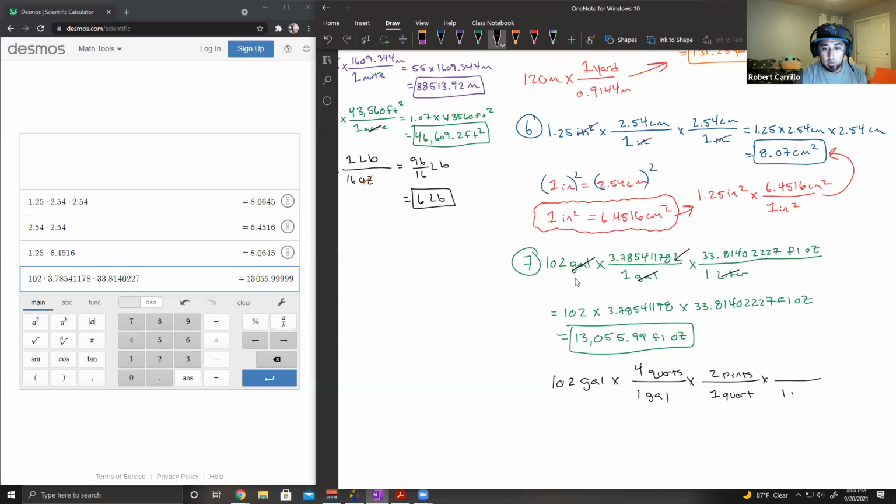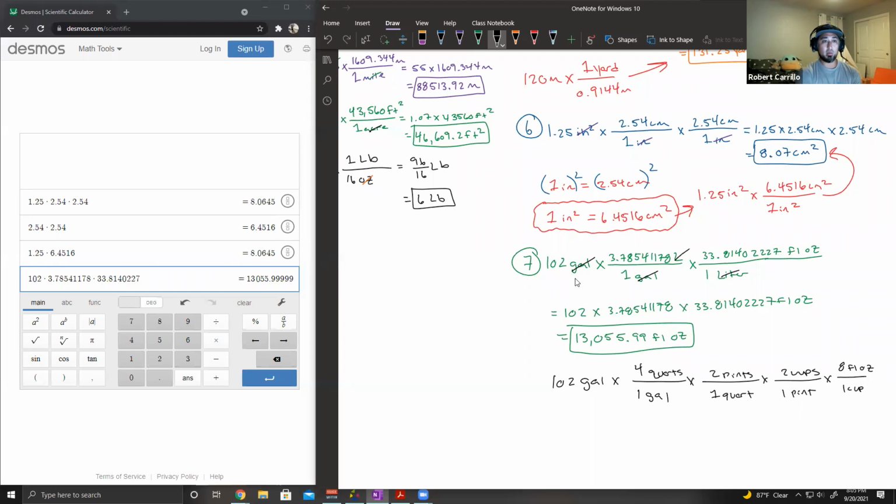And then in 1 pint, we have 2 cups. And then last, in 1 cup, there are 8 fluid ounces. So yeah, that makes the table a lot longer, but let's see how close we get.